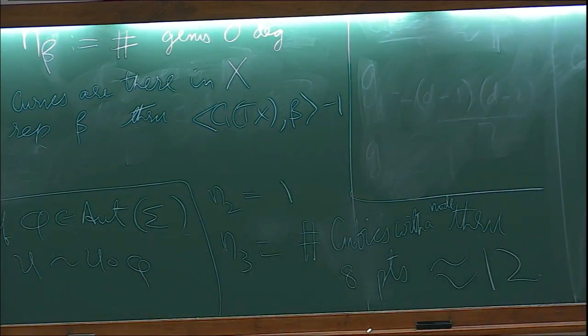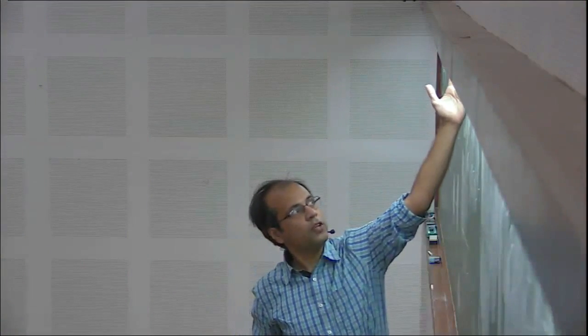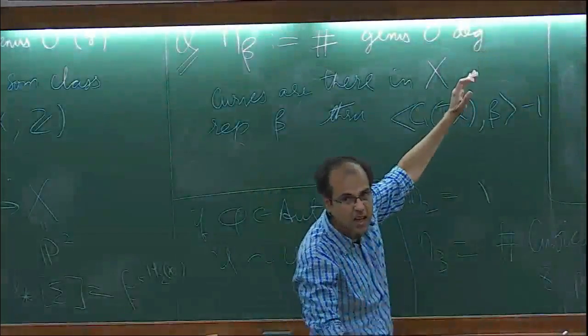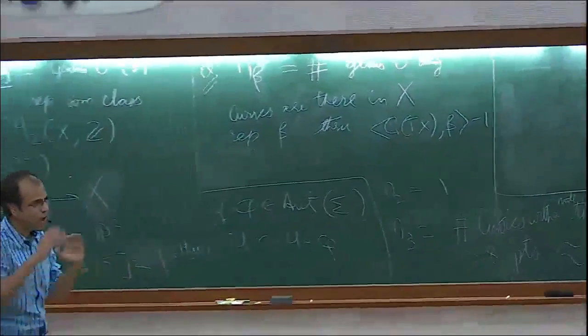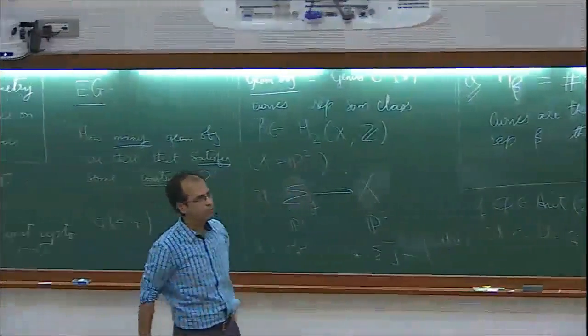So there are two directions in which you can generalize this. One obvious generalization is you keep increasing the genus. That is one obvious generalization. I'll not talk much about that. Maybe in the last few minutes, if I have time, I'll talk a bit about that.